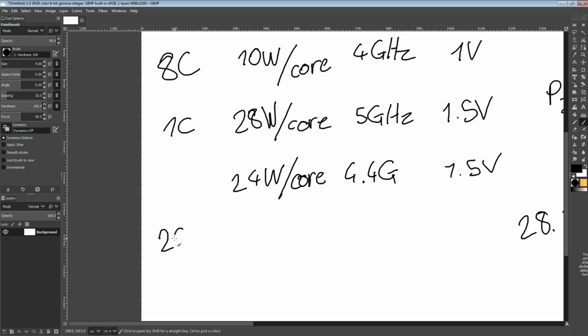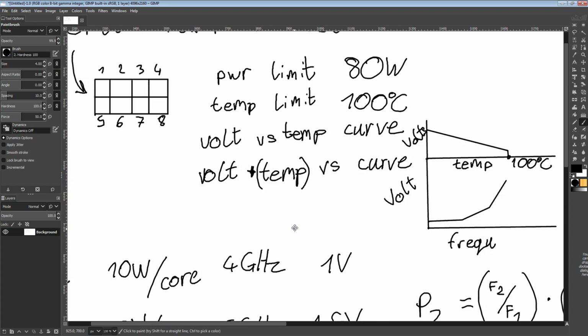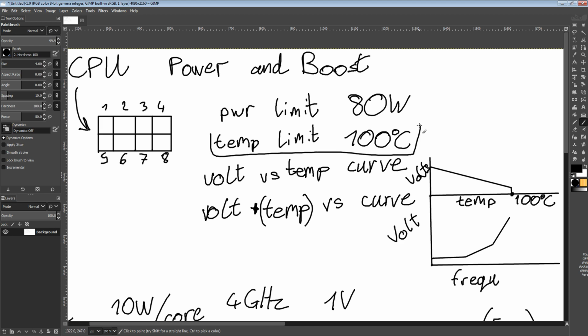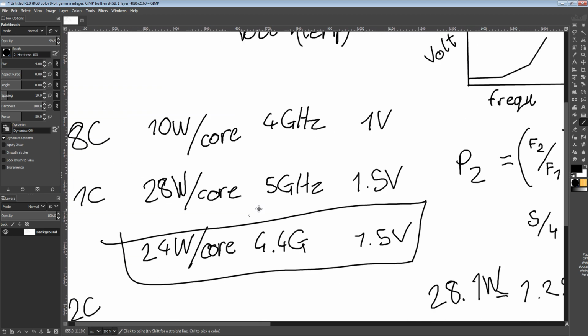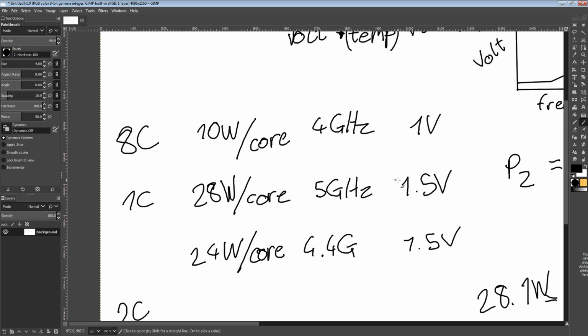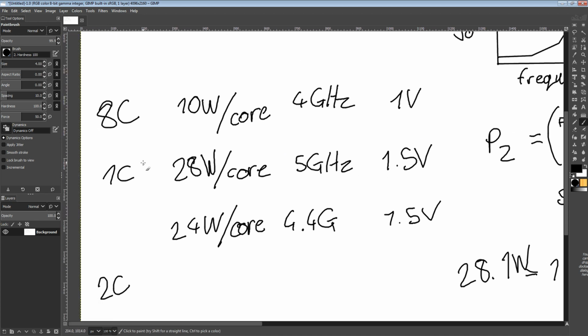Theoretically, with 2 core loads you could still run this configuration, except you'd probably start hitting a temperature restriction at that point. So with 1C, we basically are voltage limited.